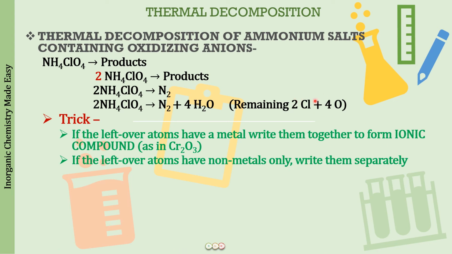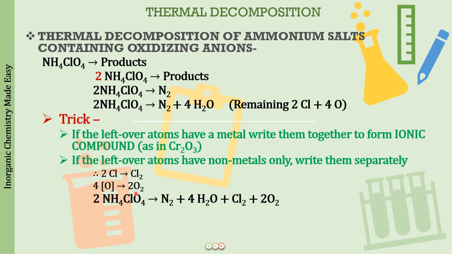So what this means is 2 chlorine atoms are going to give us 1 chlorine molecule, and 4 oxygen atoms will be giving us 2 oxygen molecules, right? So the total product is going to be nitrogen, water, chlorine and oxygen.